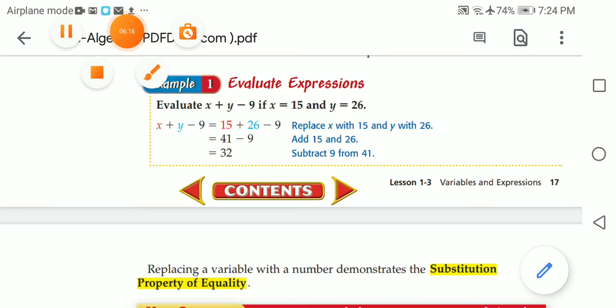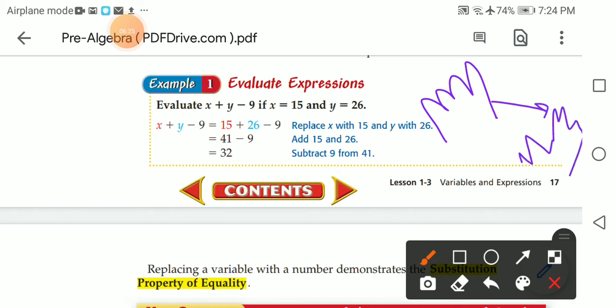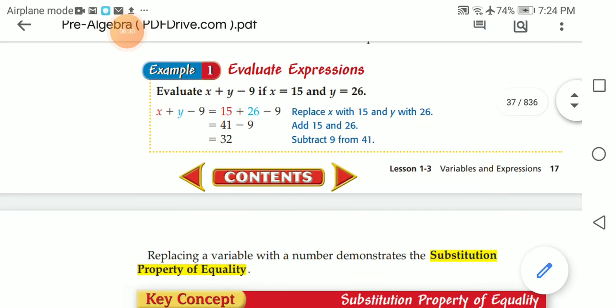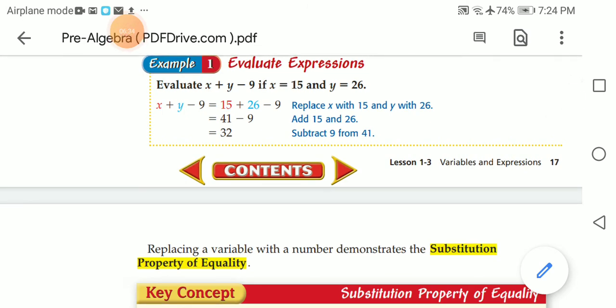Here I'll choose first the plus. 15 plus 26 gives me 41. Then minus 9.